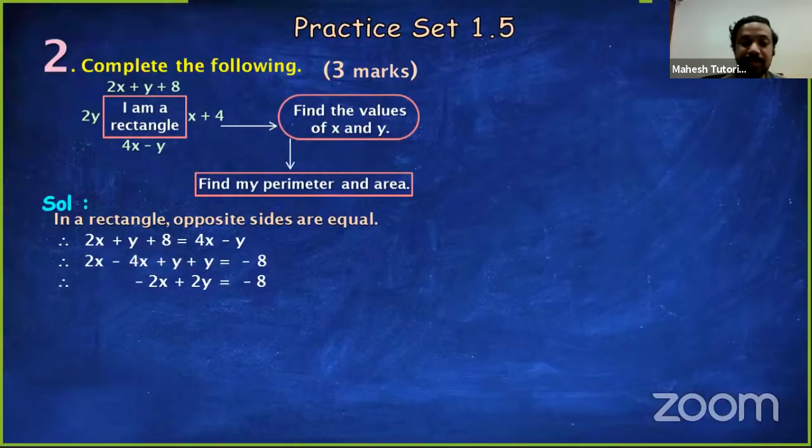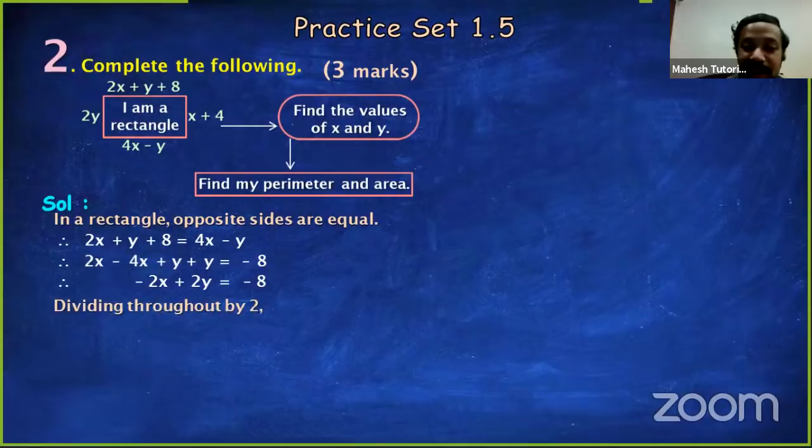Now look at the numbers in this equation very carefully, students. 2, 2, and 8. So students, to simplify it further, let us divide throughout by 2. We'll divide each term by 2. Now if I divide that minus 2x by 2, 2 and 2 will get cancelled. So we are left with minus x. Plus sign as it is.